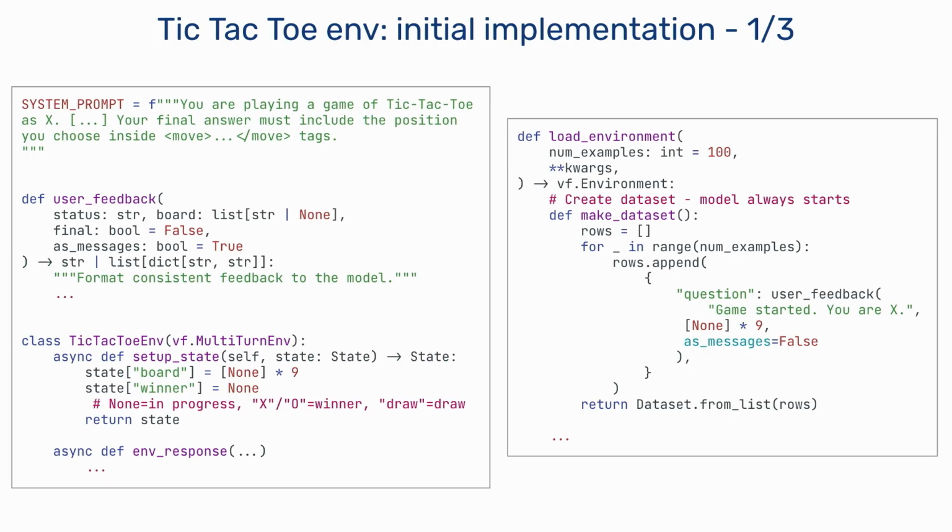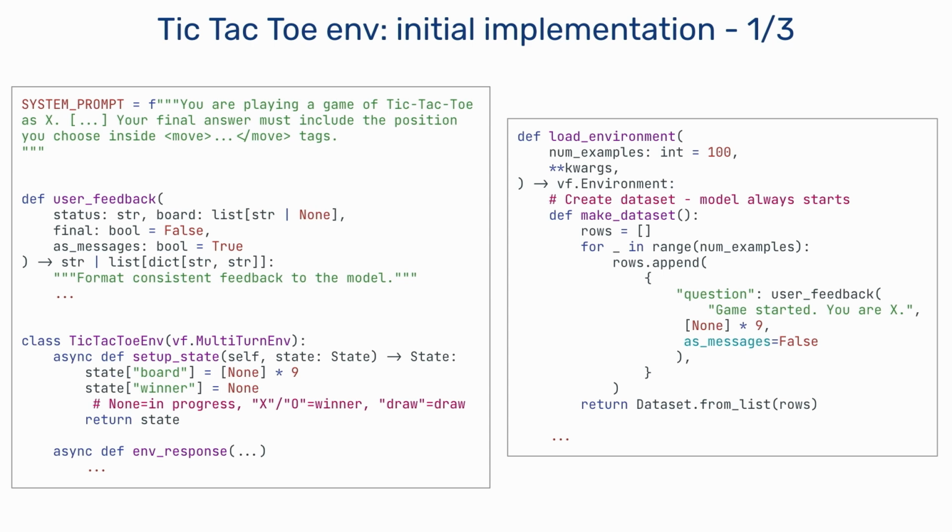And for the moment, the opponent will always play randomly. So in this first part of the code, we see in load environment that we basically create messages to prompt the model, showing the model the initial empty board and asking for a move.